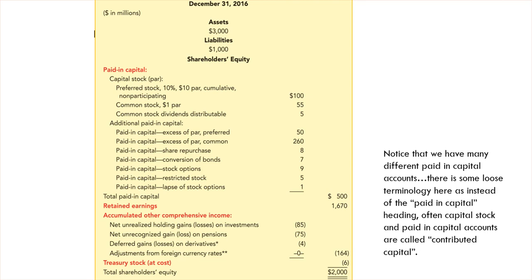So these are the kind of rules you have as far as the debit and credit balances that you will see in shareholders' equity. I would not expect to ever see a negative balance in these additional paid-in capital accounts. You just don't see it.